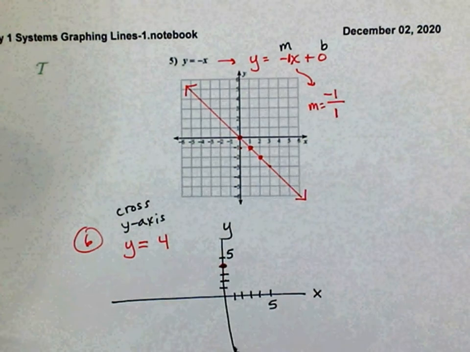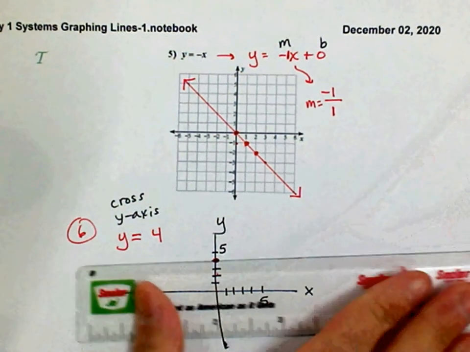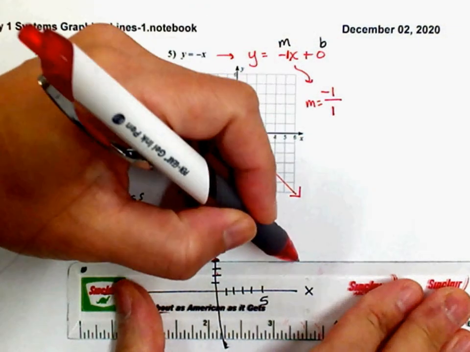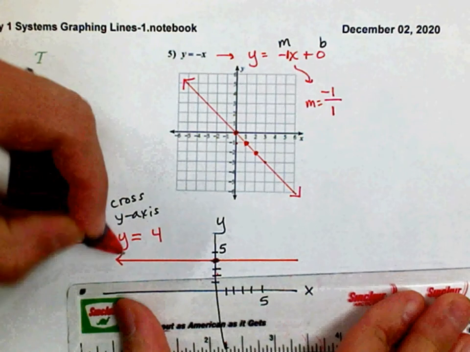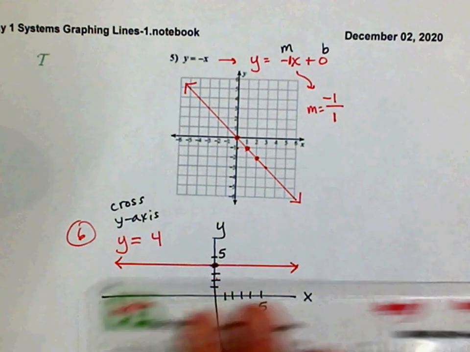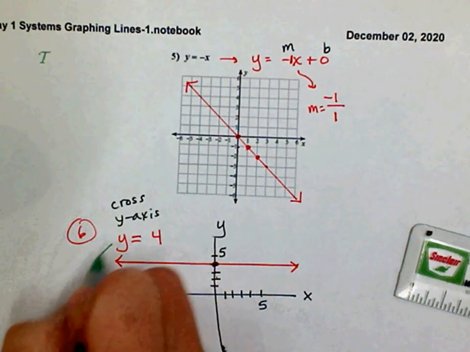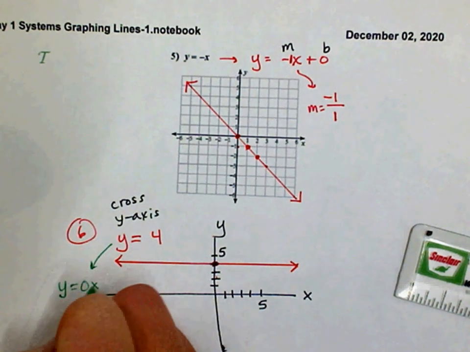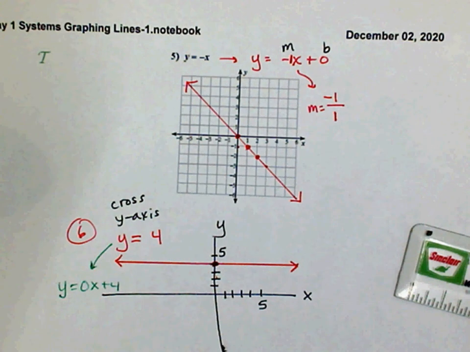And your graph is just going to go across. Just like that. You have a y-intercept and no slope. Okay? Because this right here is the same as y equals 0x plus 4. Same thing.